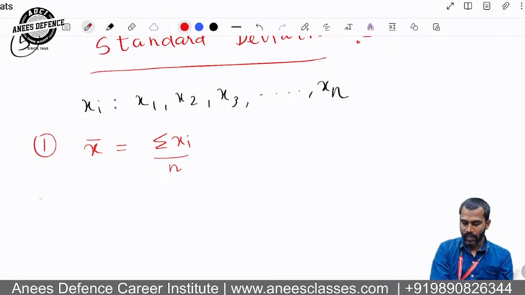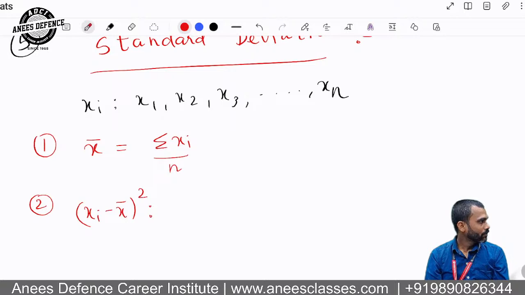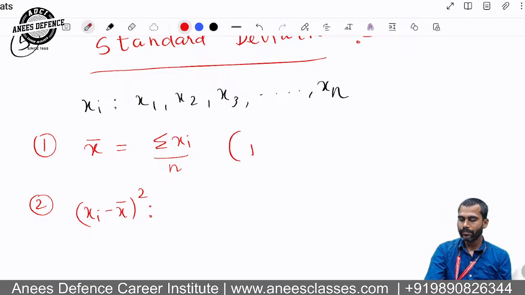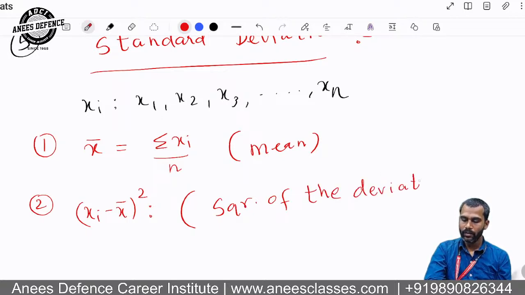The second step: you need to find xi minus x bar whole square. Find x1 minus x bar whole square, x2 minus x bar whole square, that is, the square of deviation. First we find the mean, second we find the square of the deviation from the mean.